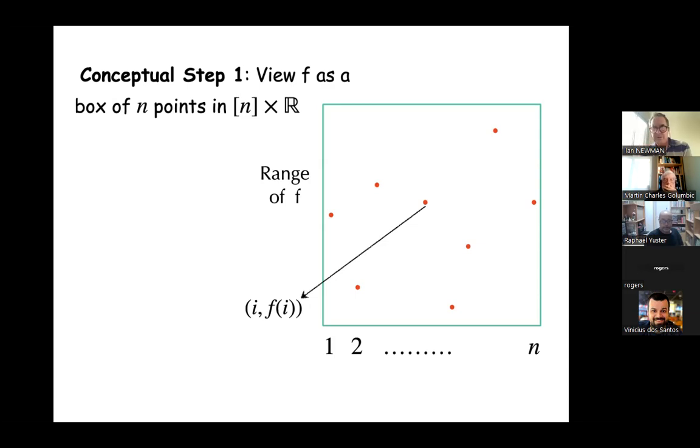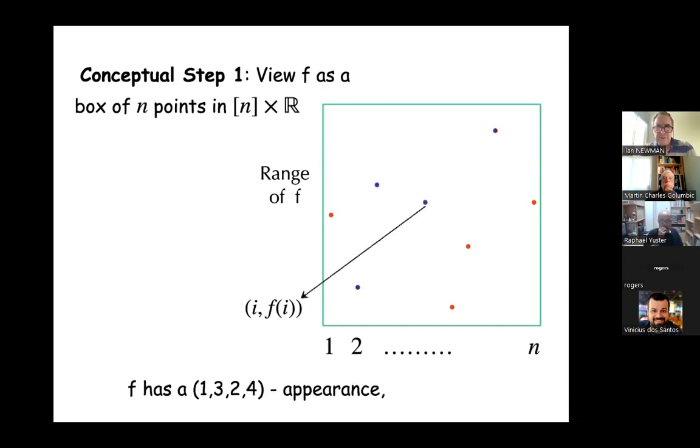So this box is of size n, that's the x-axis, and the y-axis is just the values of the points, and it's just a normal graph of the function. And of course, this box has n points in it because it's a function. Okay, good. So we don't know, of course, this box, but suppose that we knew this box.